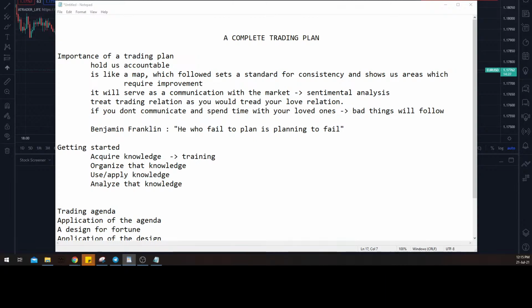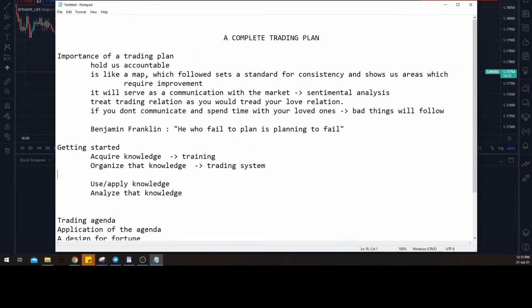This is the trading system that we are going to have, to fit our needs. These lessons which I'm going to tell you right now are going to help you with that. In this case, the organized knowledge includes knowing, for example, your trading system, and this is going to be what type of trader you are or you want to be.